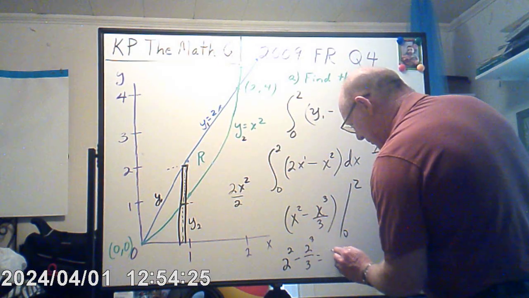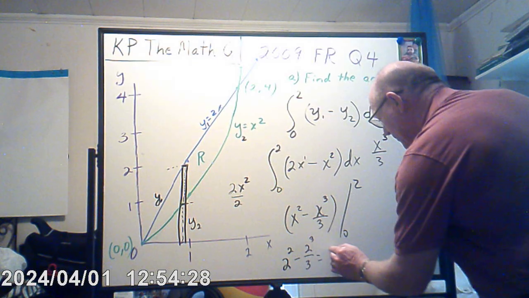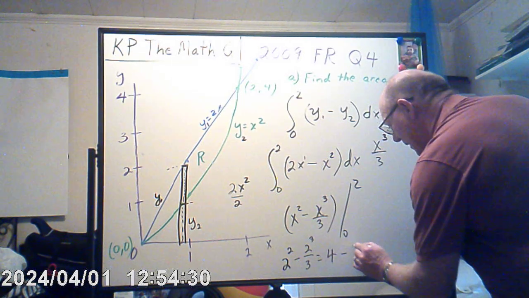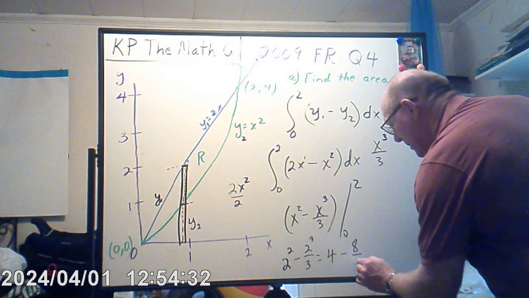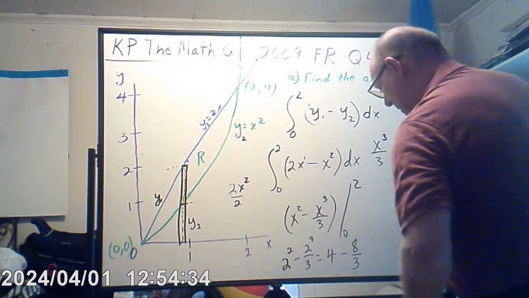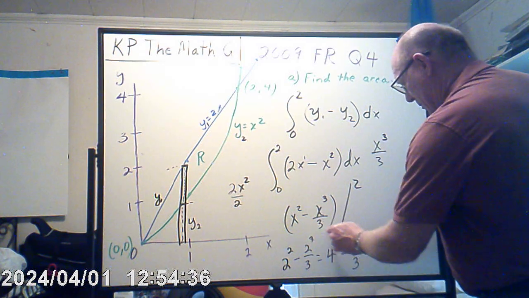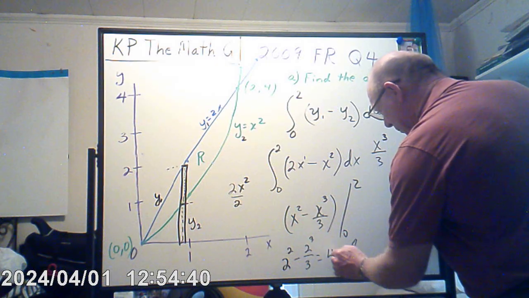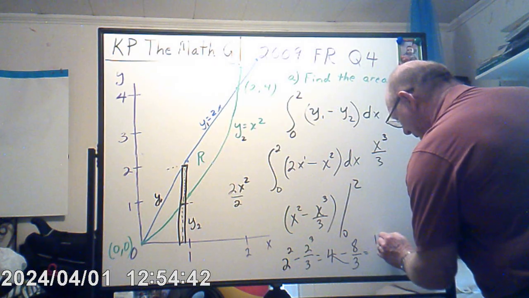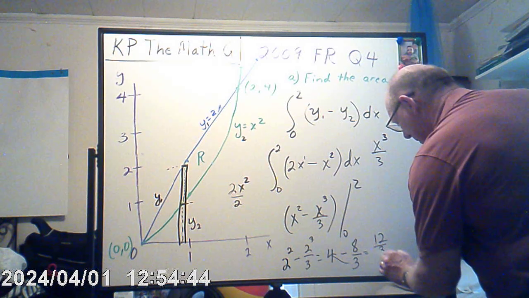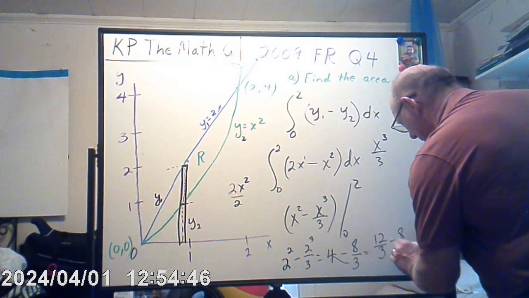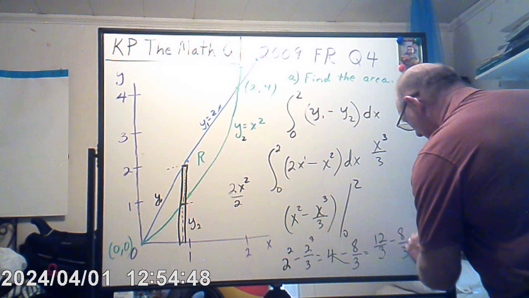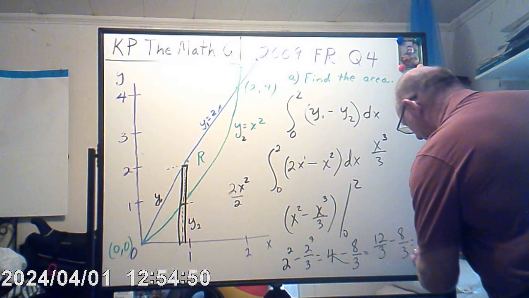What we have is 4 minus 8 over 3, since 2 cubed is 8. Then I can get a common denominator of 3. 3 times 4 is 12, so 12 over 3 minus 8 over 3 is 4 over 3.